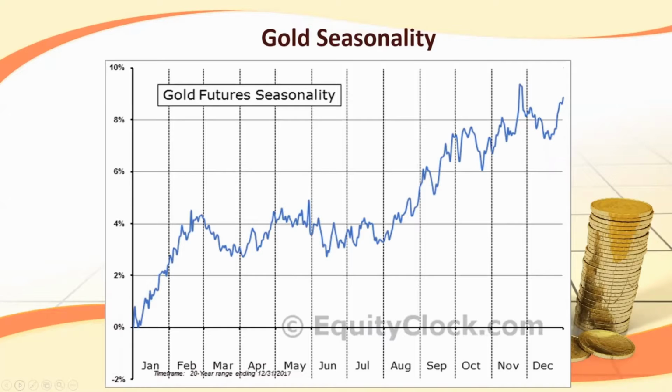Gold's another thing we keep our eye on. January, February typically tends to be a little bit of an up month. Most of the time in seasonality with gold, it will push sideways from March until into the June, July timeframe, into early August, and then typically you'll get a springtime rally into the end of the year. This didn't happen last year.